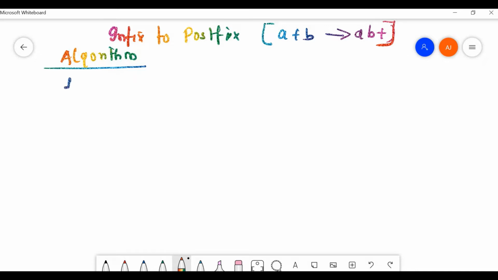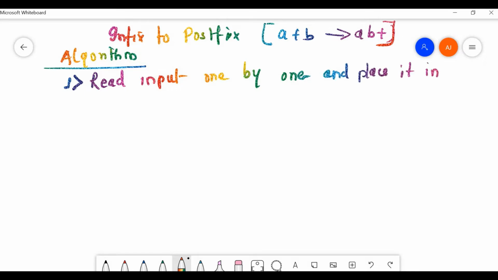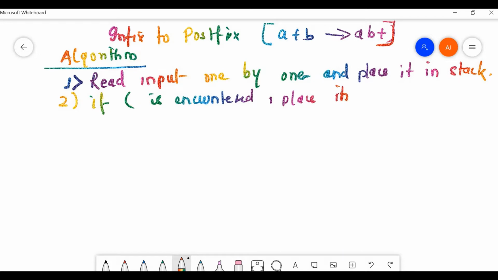First algorithm, first step is we have to read the input one by one and place it in stack. So how are we going to place it in stack? Let's go to step number 2. If this bracket is encountered, place it in stack.